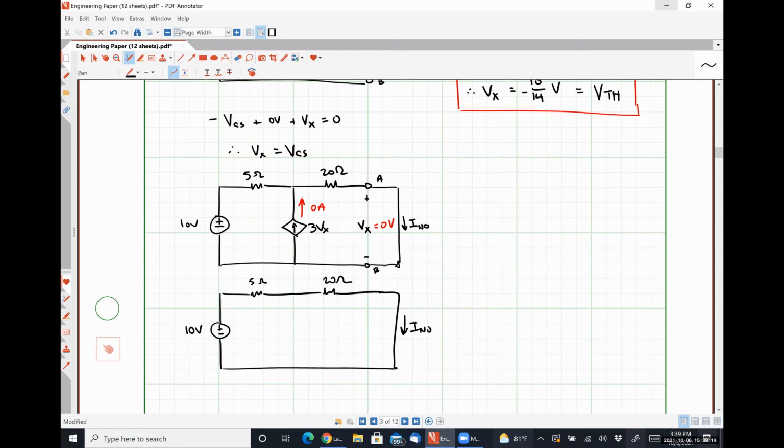It supplies exactly 0 amps of current, which means it contributes nothing to the circuit. And so by simply using good old Ohm's law, we can see that our Norton current, I Norton, is 10 volts over 5 ohms plus 20 ohms, or 25 ohms, which is going to be 2/5 of an amp.